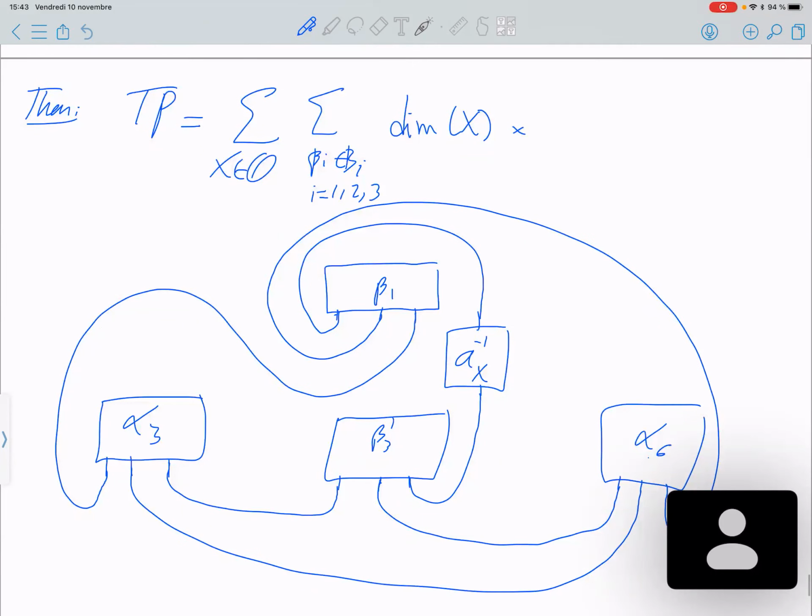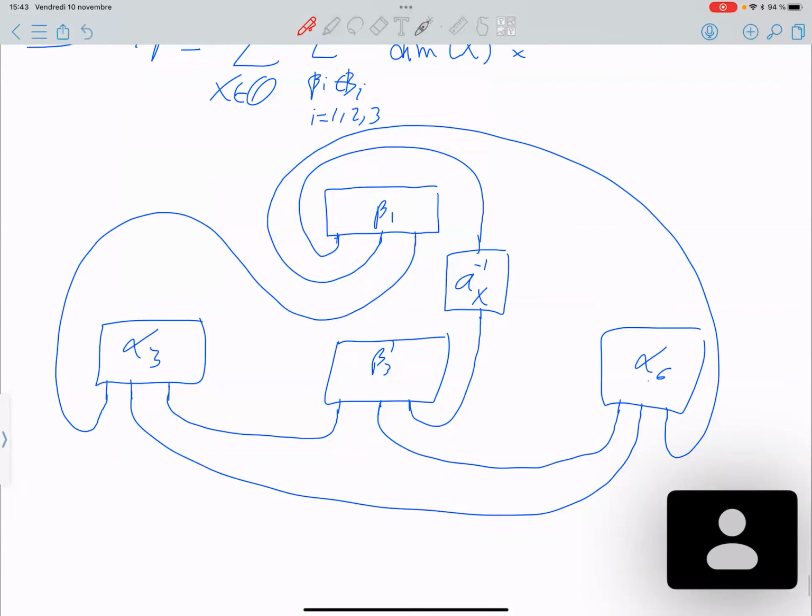So let me write the object with another color. X6 here, X8, X3. So in fact, for the picture to be completely defined, you don't need to write the object, because the object is already included in the definition of the morphism. So only the morphisms are required, but this helps to understand.